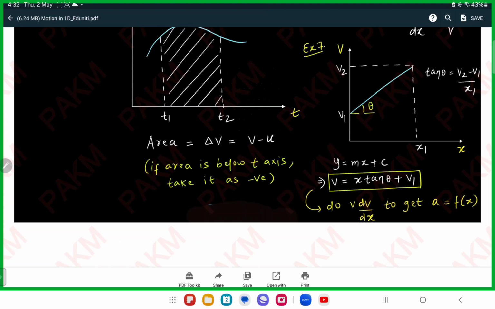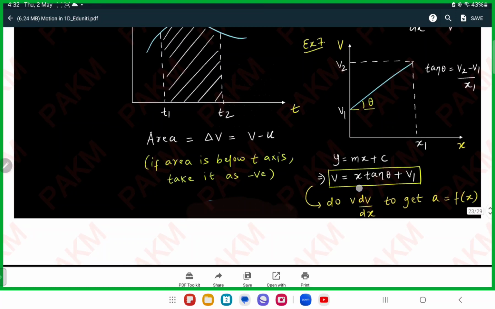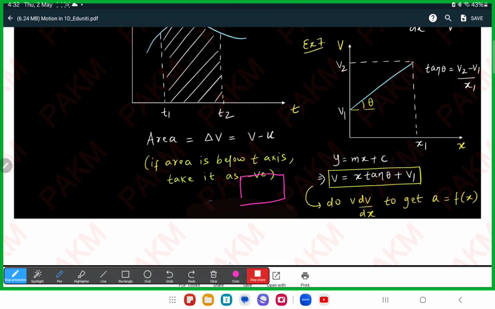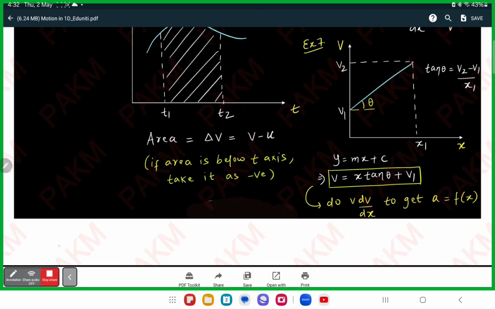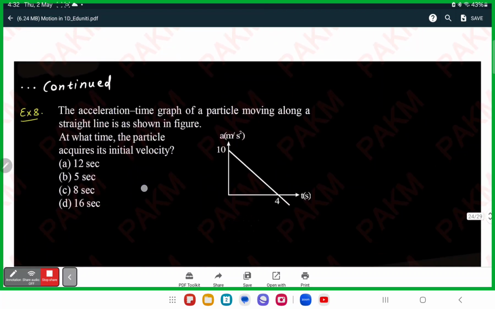Now we can also calculate, as we know acceleration is equal to v dv/dx. So for v dv/dx, the slope we directly get from the v-x graph. And once we have calculated v at that particular point, we can calculate acceleration using the v-x graph. Fine, so the v-x graph is going to give me acceleration directly.